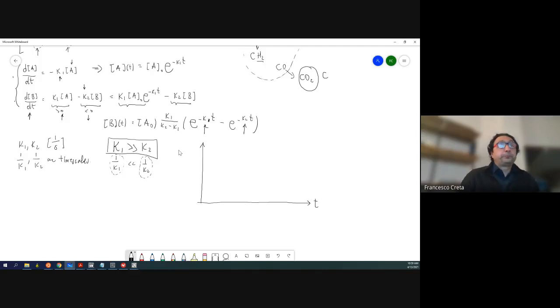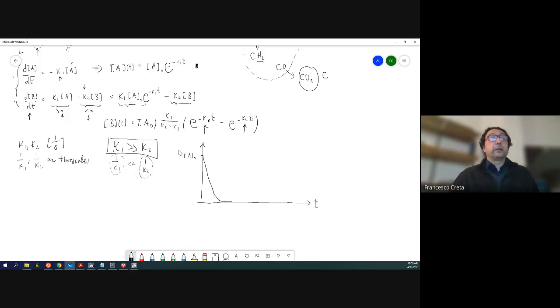Well, let's look at the evolution of A. We start from A0, and we have an exponential decay with time scale K1, which is a fast time scale. 1 over K1 is in fact very fast. So we have this kind of situation where you have a rapid decay of A to 0.